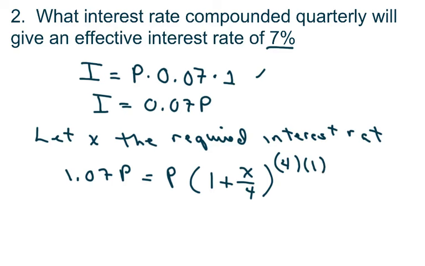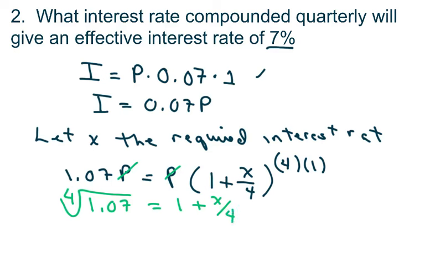And then we have to solve from there. So basically, take the fourth root of both sides, and the P's cancel, and you get the fourth root of 1.07 equals 1 plus x over 4.